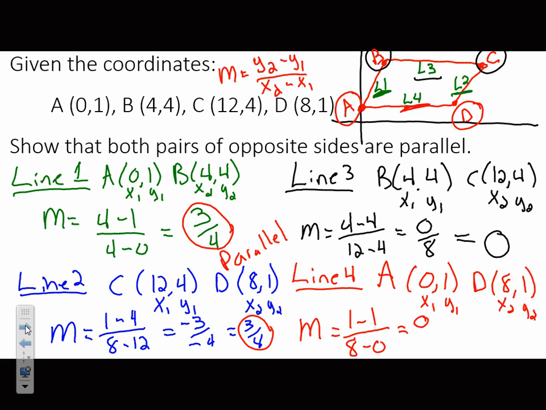So I get 0 over 8, which again simplifies to 0. Since both of these are the same, these lines are also parallel. Alright, so we just showed that both pairs of opposite sides are parallel.